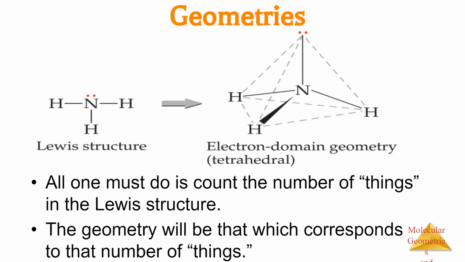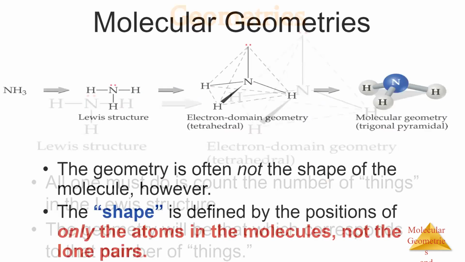Nitrogen has 4 zones. It's tetrahedral. However, it has 1 non-bonded pair, which makes it unbalanced. That imbalance makes ammonia, NH3, a polar substance. Okay, you have to remember that.